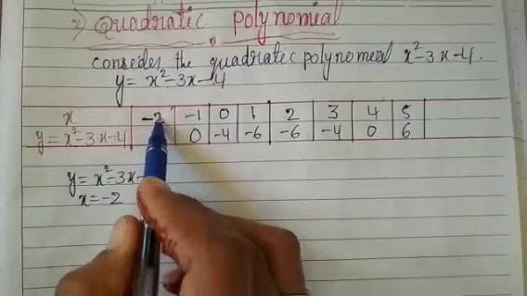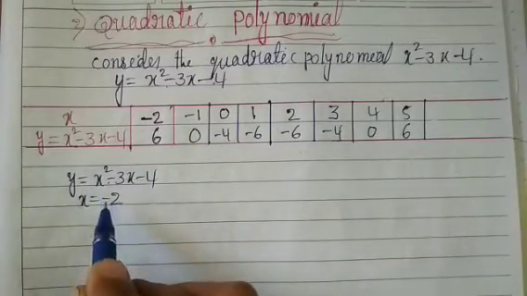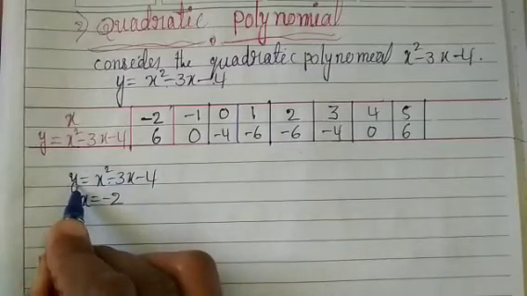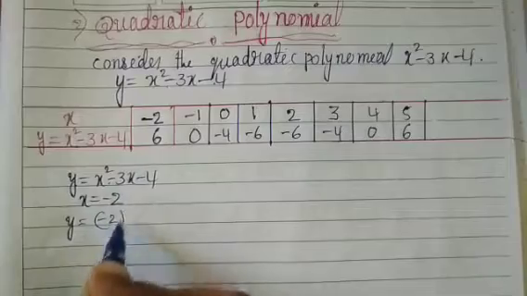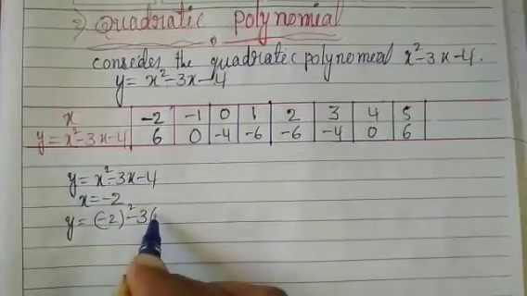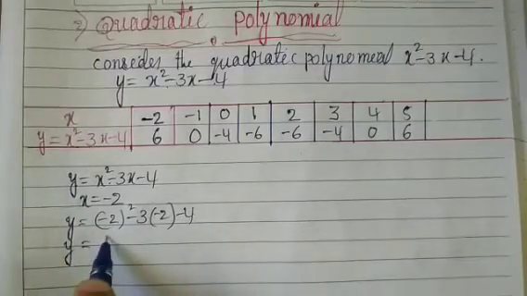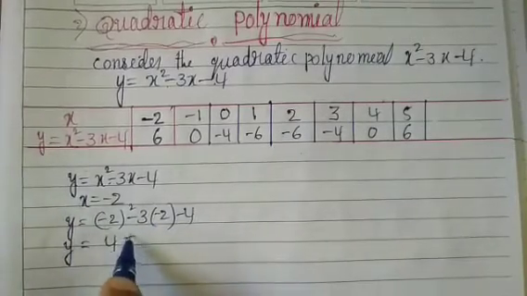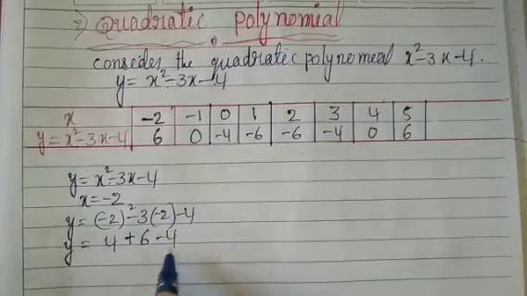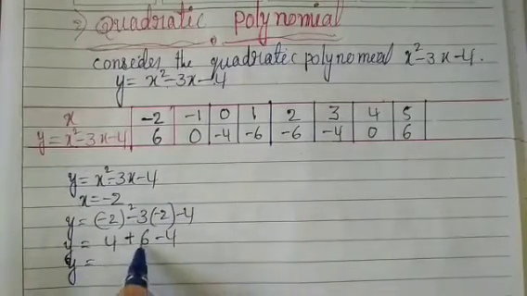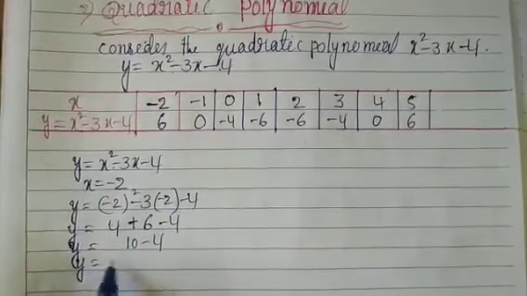We take x is equal to minus 2. Substitute the value of x is equal to minus 2 in this equation. y is equal to (minus 2) whole square minus 3 into minus 2 minus 4. y is equal to 4 plus 6 minus 4, that is 10 minus 4. y is equal to 6.